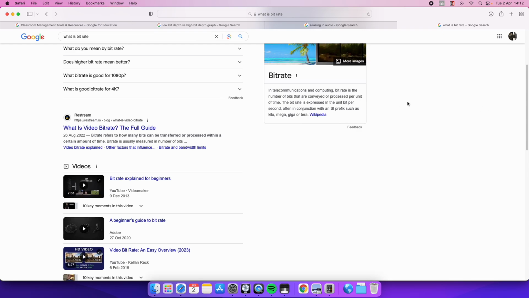So if we've got a high bit depth but a low bit rate, it's not going to be able to read all those bit depths in time. Whereas if we have a low bit depth and a low bit rate, they're going to be dumbed down so they can read each other quite nicely. But with a high bit rate and high bit depth, the rate is going to be able to read the bit depth essentially.